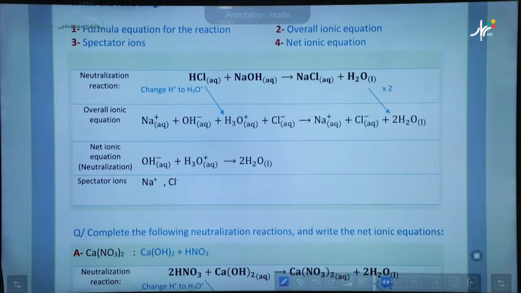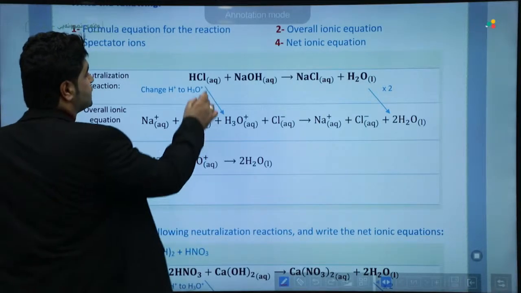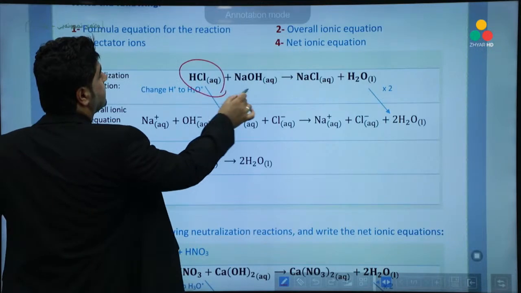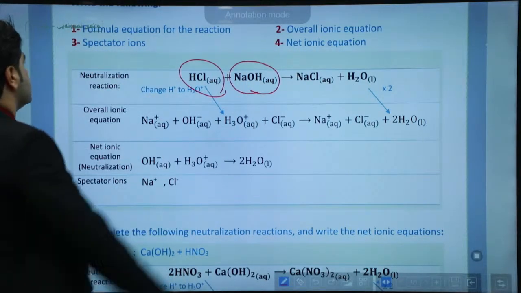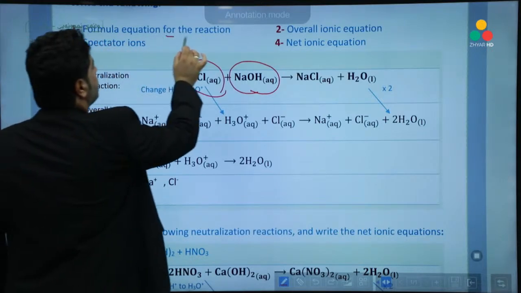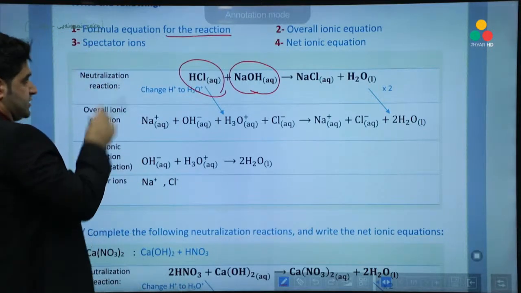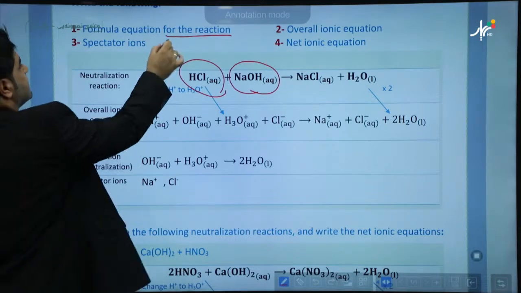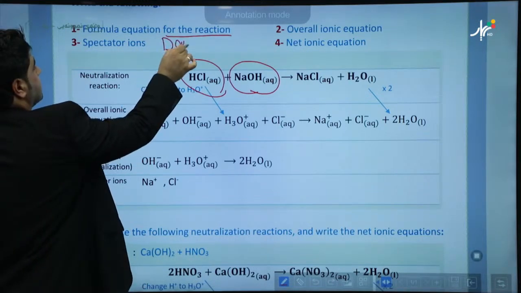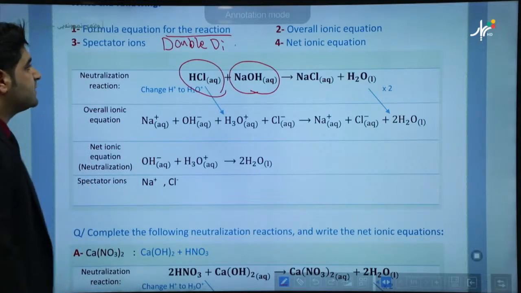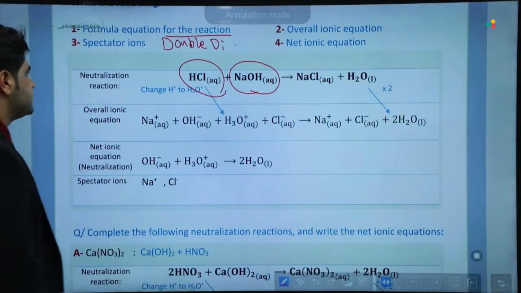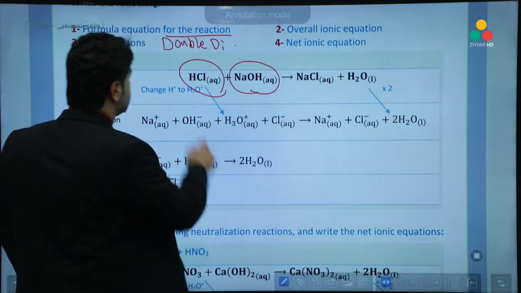If we mix aqueous solutions of HCl plus NaOH, write the following points. The formula equation for the reaction, or molecular equation, doesn't matter. It means the double displacement reaction. Let's write the double displacement reaction.